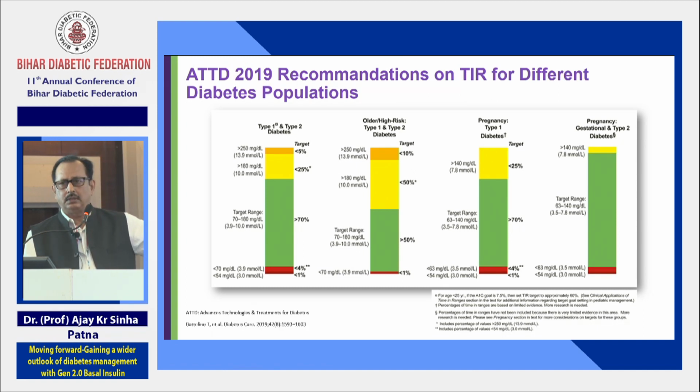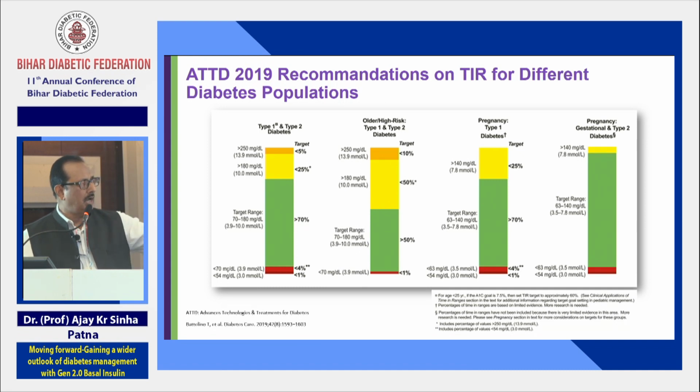If it is more than that, good. If it is not, it's bad. And time below range should not be more than 4%. So less than 70 mg, not more than 4%, and less than 54, hypoglycemia should not be more than 1%. This is the general recommendation for using CGM technology in type 1 and type 2 diabetes mellitus.